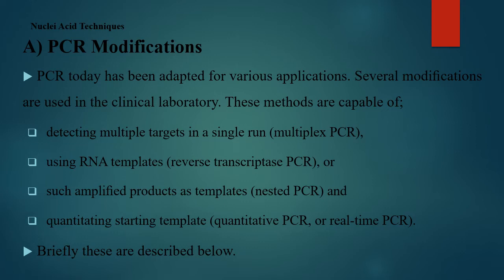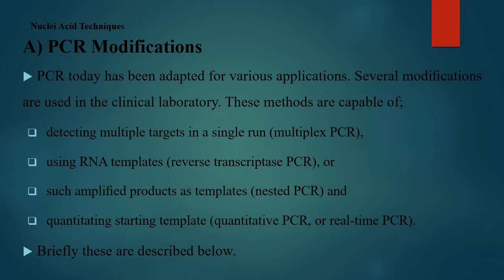Then we have the nested PCR. Here, amplified products are used as templates. So you have amplified a particular product, and now they have become the template on which you are relying for your studies.